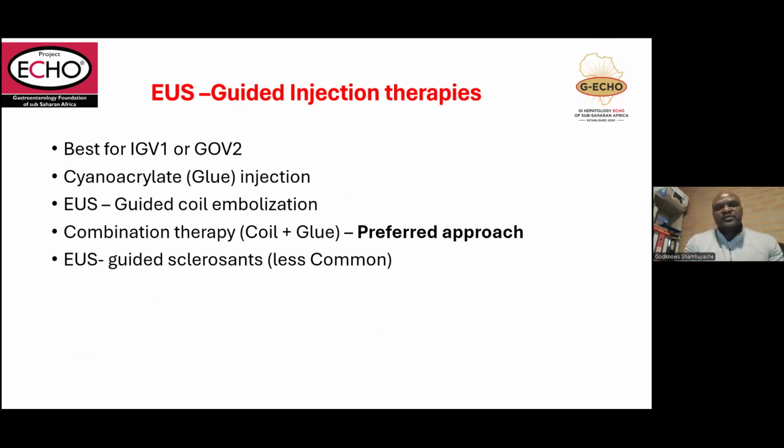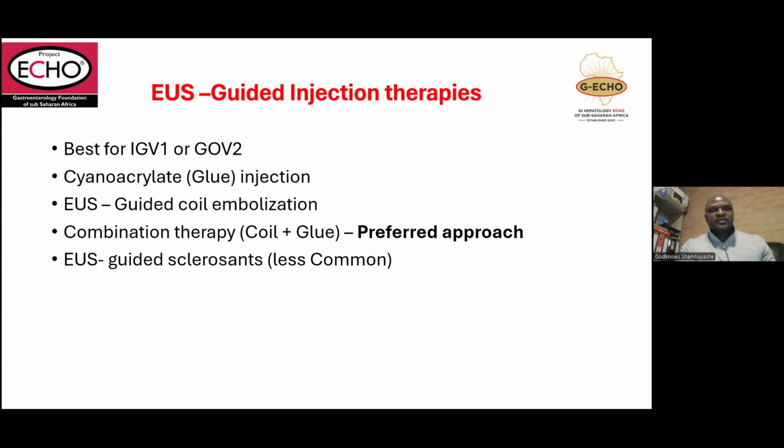And the EUS guided injection therapies are best for IGV-1 and your GOV-2. You can either use cyanoacrylate glue injection alone, or you can do the EUS guided coil embolization, and you can do a combination therapy, which is actually the preferred approach, where you use the coil and the glue.